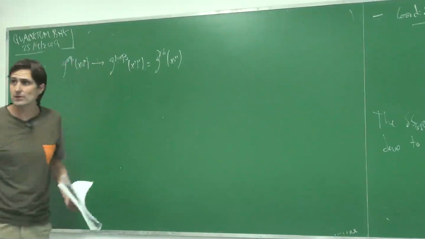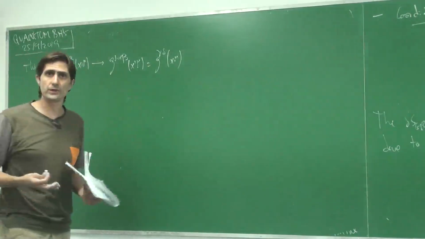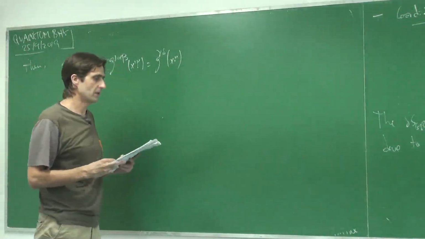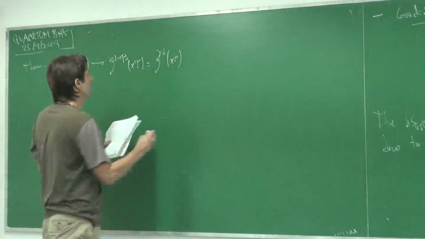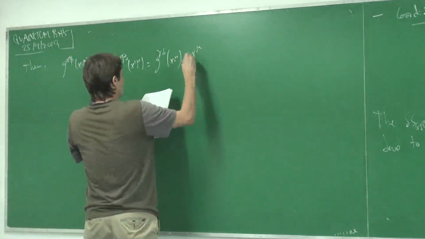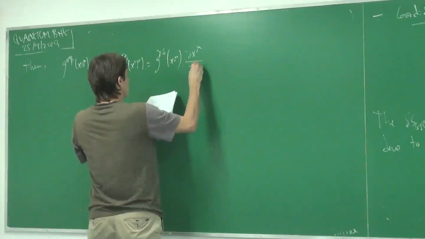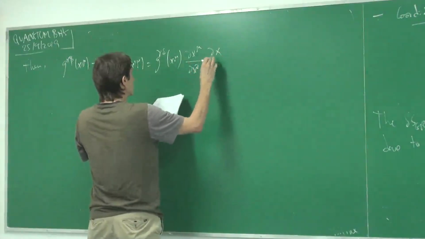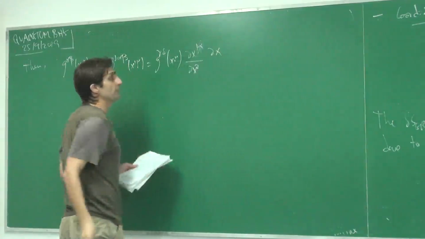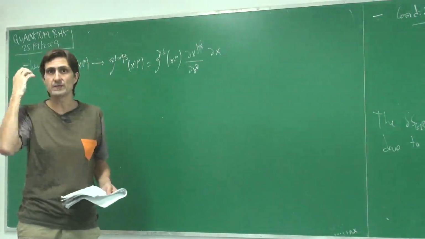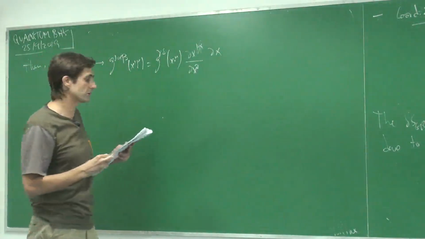It's a tensor. We know what the tensorial transformation is under a coordinate transformation. That should be given by this. Indeed, this is what defines a tensor, that it changes in this way under coordinate transformations.